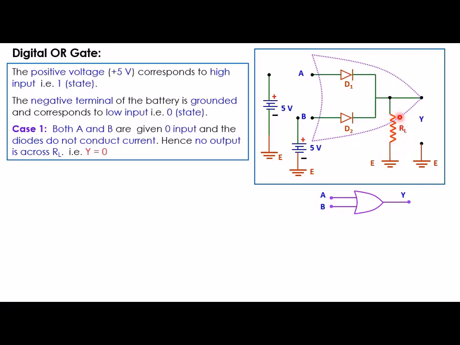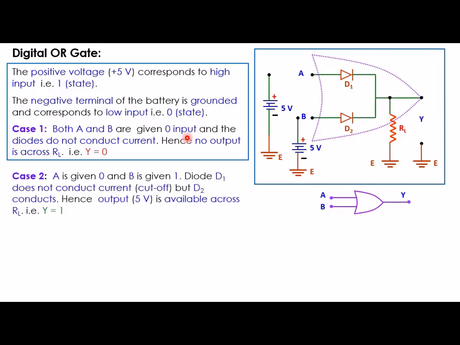If the potential drop is not there, then the output Y in this case will be 0. So what is the result? If both A and B are given 0 input and the diodes do not conduct current, then there will be no output across RL and hence Y will be 0.